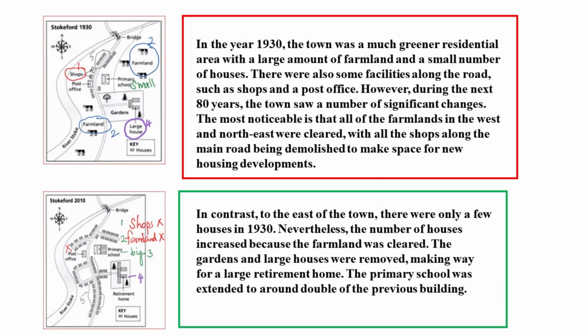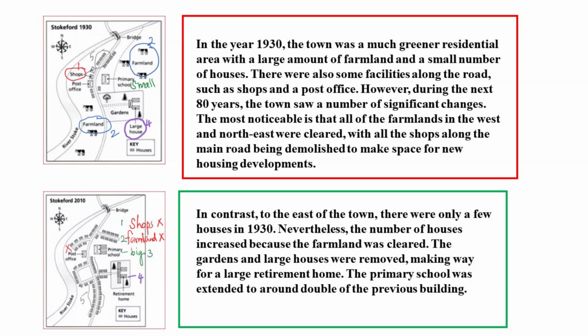Now, look at the body paragraph. Body paragraph number one. It says in 1930, it was a green, residential area with a large amount of farmland and a small number of houses. And there were some little facilities like roads and a little bit of shops and a post office.